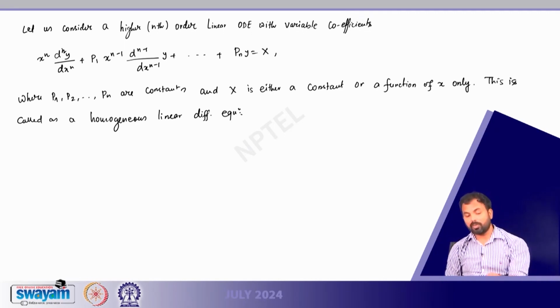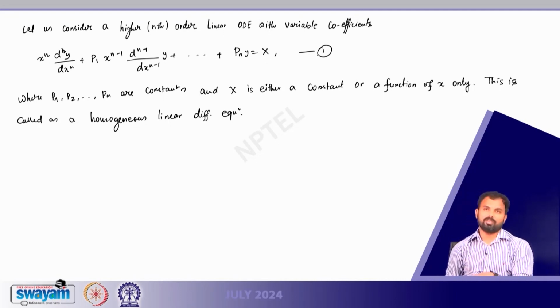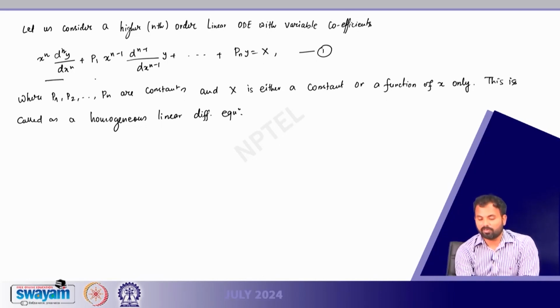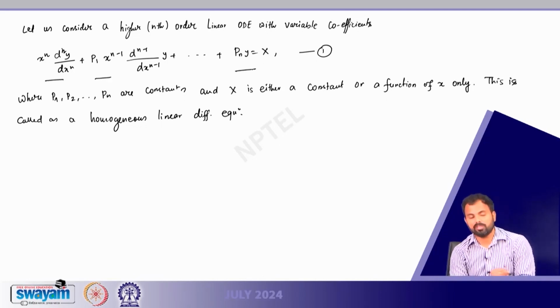Here x to the power n d^n y by dx^n, x to the power n minus 1 d^(n-1) y by dx^(n-1), it is meant in that way that it is homogeneous. We are not actually saying that the right hand side is 0. I can see the problem with the terminology, but this particular ODE, let us call it equation 1, is called a homogeneous linear differential equation of nth order because of this particular structure.